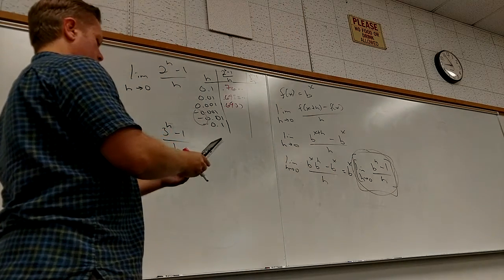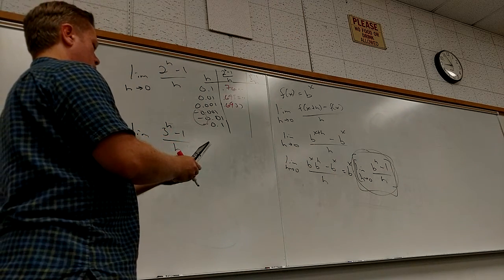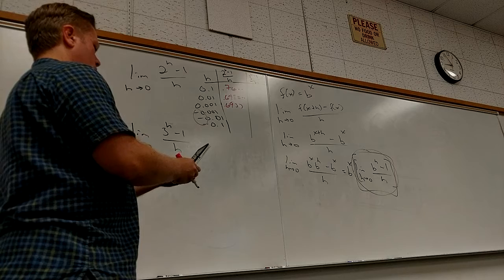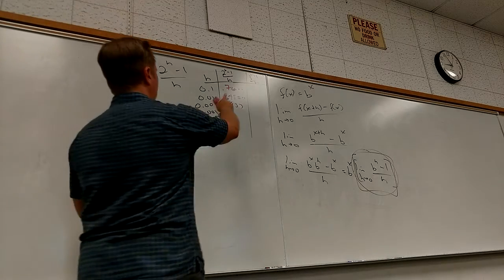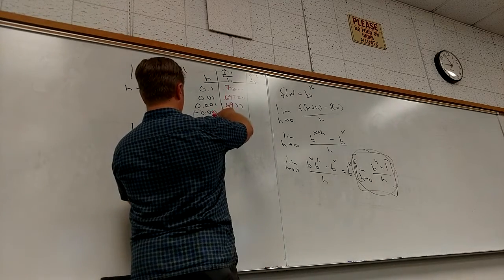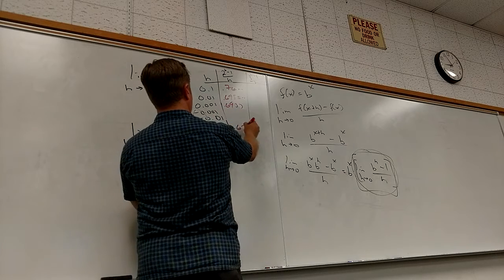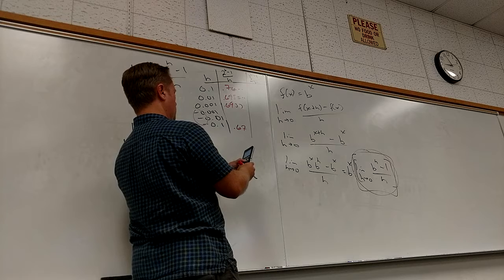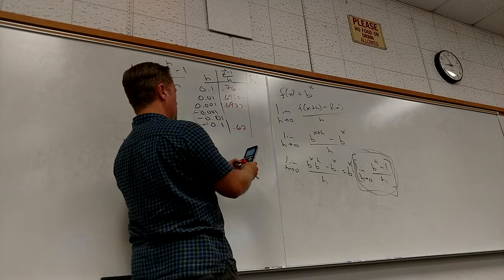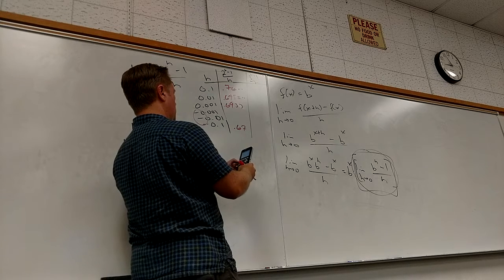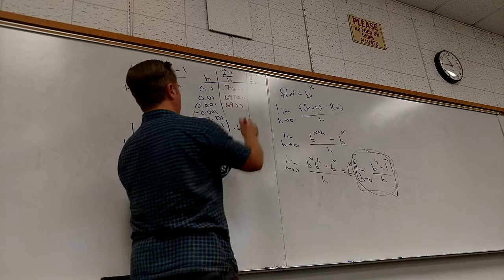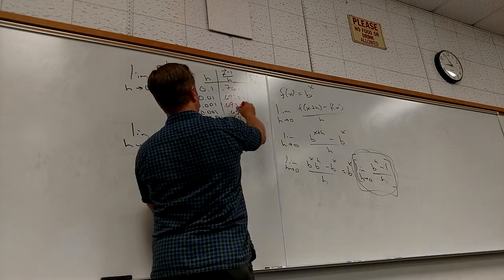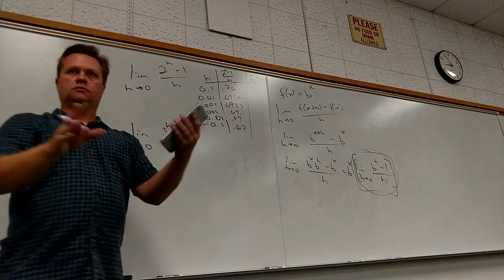Negative 0.1: for this one you get 0.67. But if you step in, negative 0.01, here you get 0.69. So they are approaching 0.69 basically for both sides.